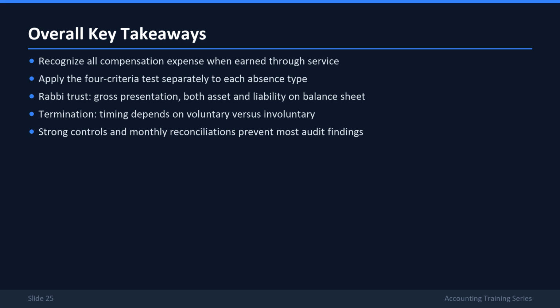For rabbi trusts, always use gross presentation with both the asset and the liability on the balance sheet, and never net them. For termination benefits, timing depends on whether the benefit is voluntary or involuntary, and the correct recognition trigger must be applied. And strong internal controls combined with monthly reconciliations will prevent the vast majority of audit findings.